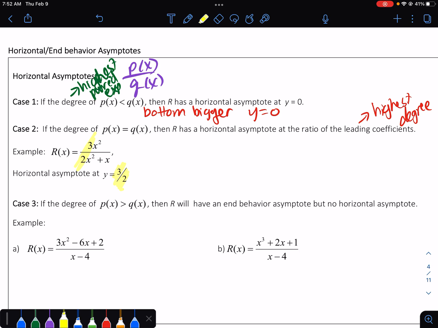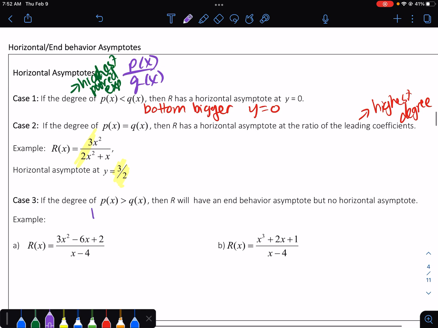Okay. Then if the degree on top is bigger, then we're going to have what we call an end behavior asymptote. It's sometimes referred to as a slant asymptote, but no horizontal asymptote.